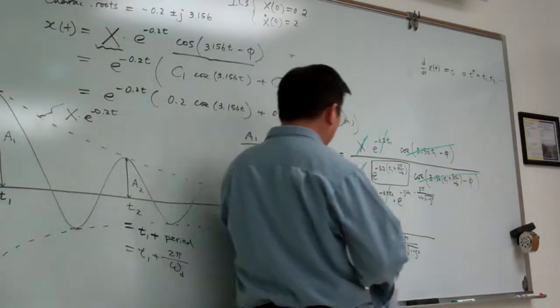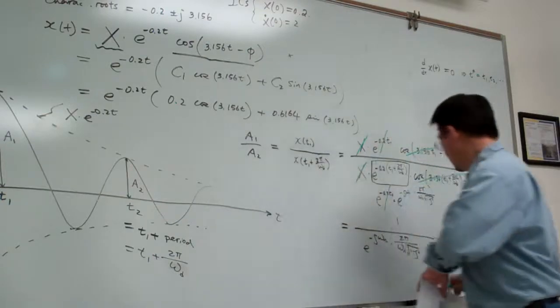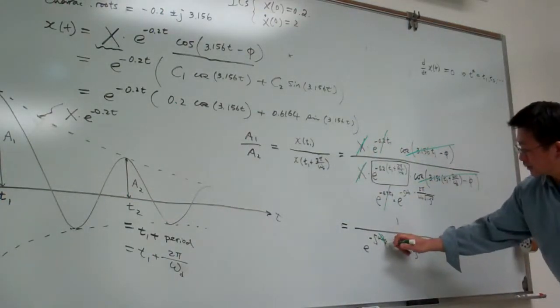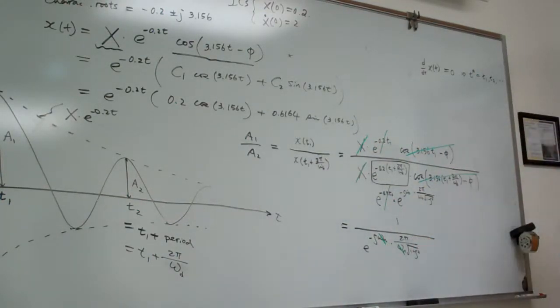Okay, so from here we can have more derivations. We cancel omega n here. We're almost done.